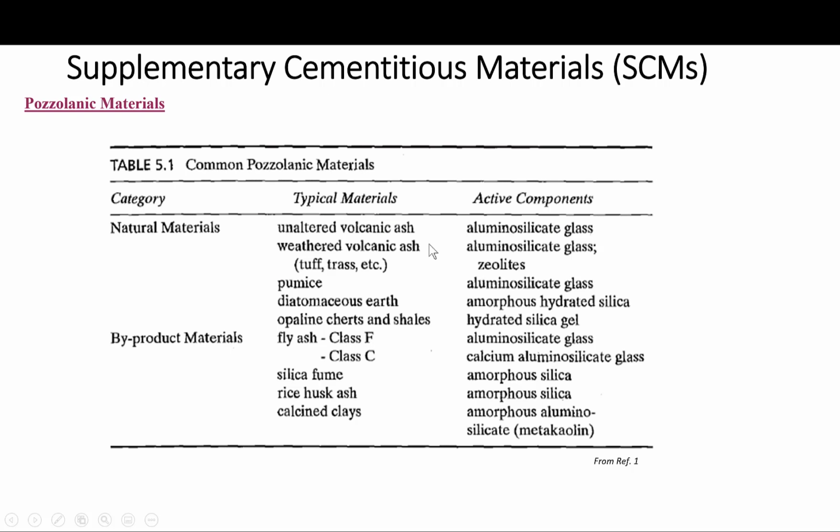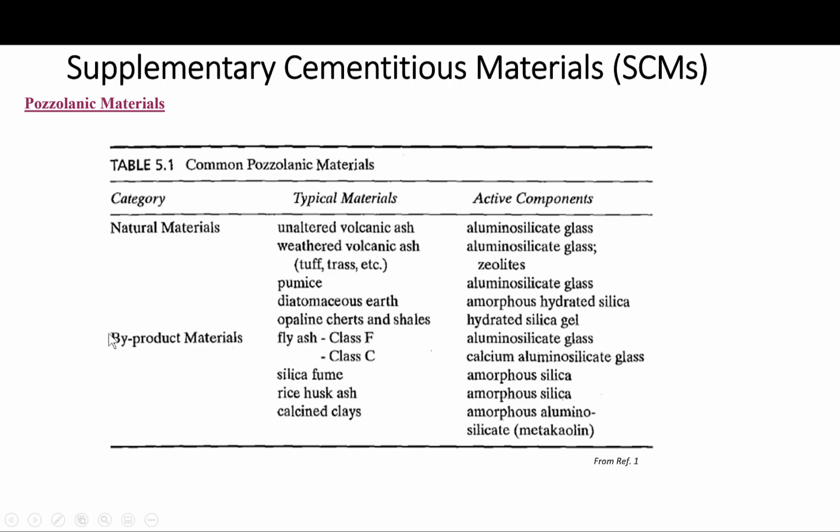We have the weathered volcanic ash, such as the tuff, trass, and the like, which have aluminosilicate glass and zeolites. The pumice's active component is also aluminosilicate glass. Diatomaceous earth's active component is amorphous hydrated silica. The opaline cherts and shales have hydrated silica gel as the active component.